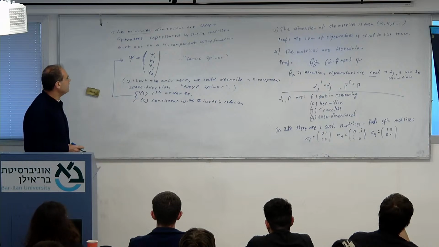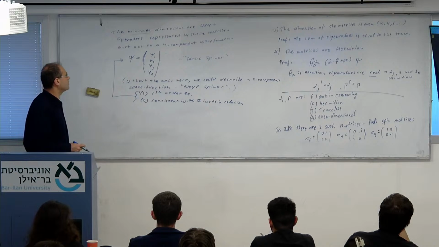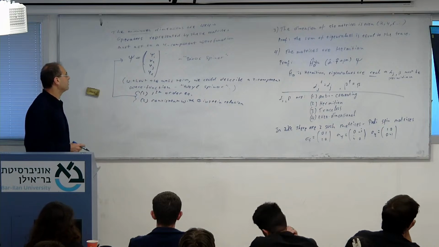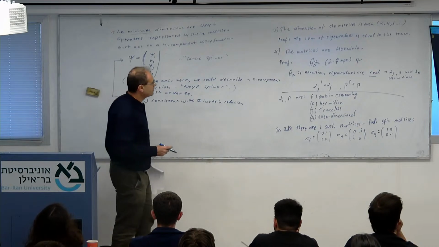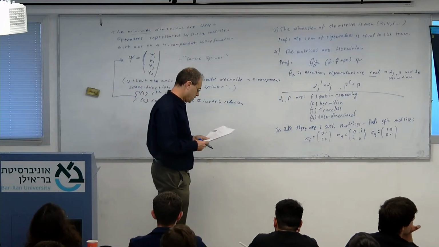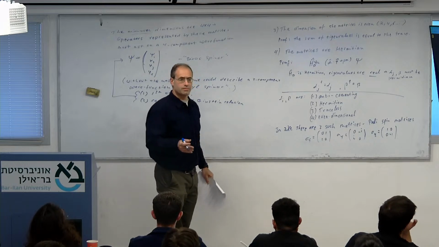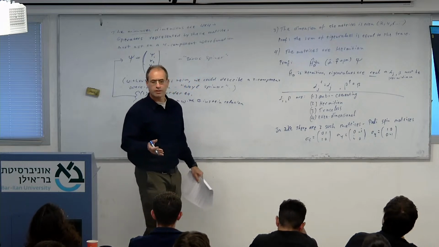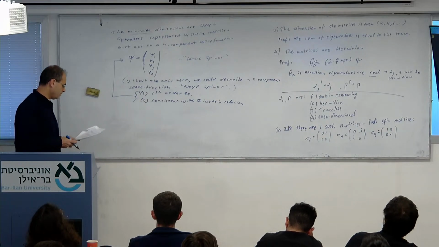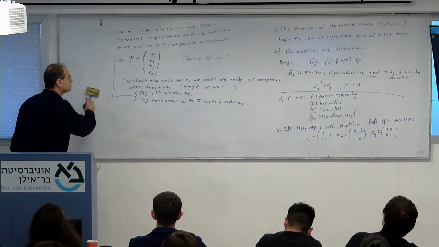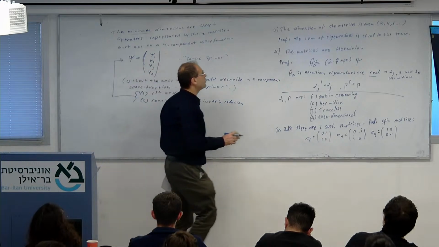Now, while we don't really need to specify anything any further, it's very convenient to specify the matrices alpha and beta. And of course, there are several ways of doing that. So we're going to select one representation which is very common, called the Dirac-Pauli representation.